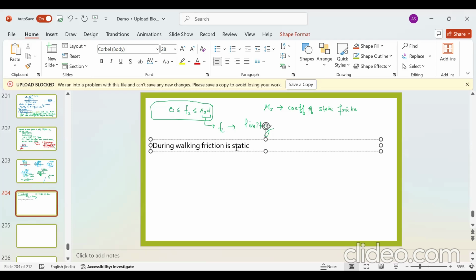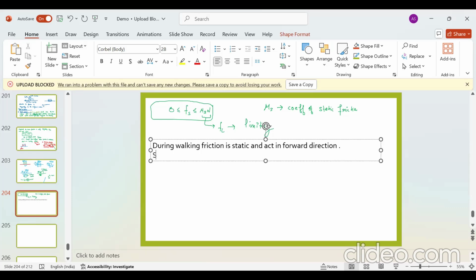Because of this, friction helps us to move on the ground. Clear? When you are moving your foot back, the tendency of motion is going back, and friction is moving you forward. Clear?